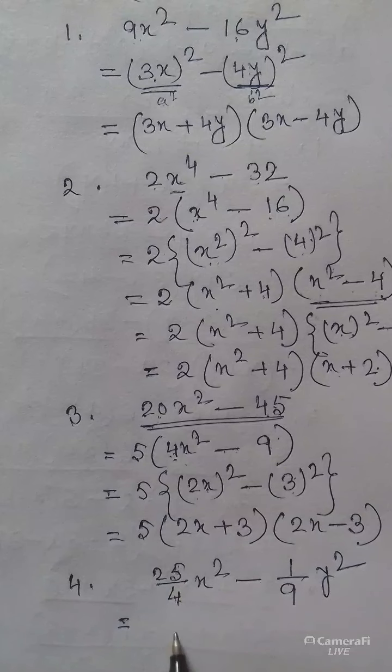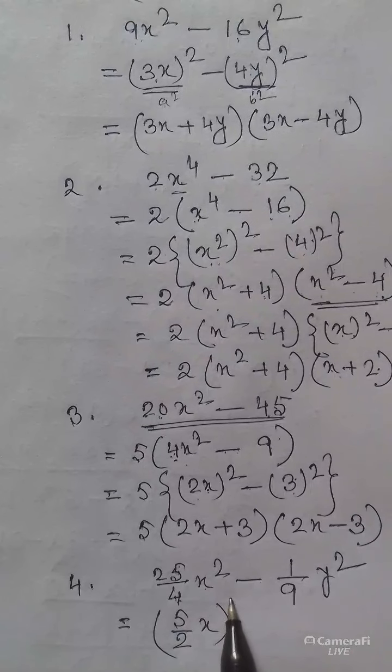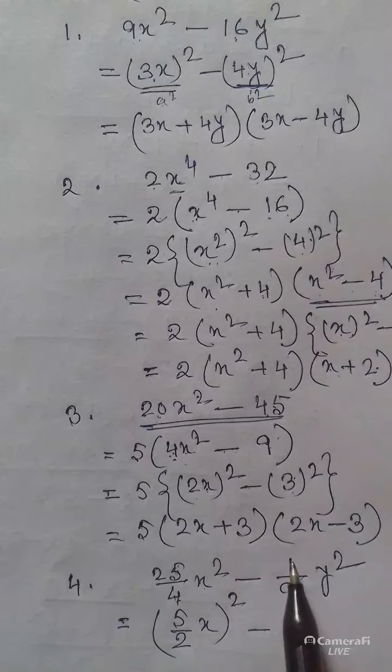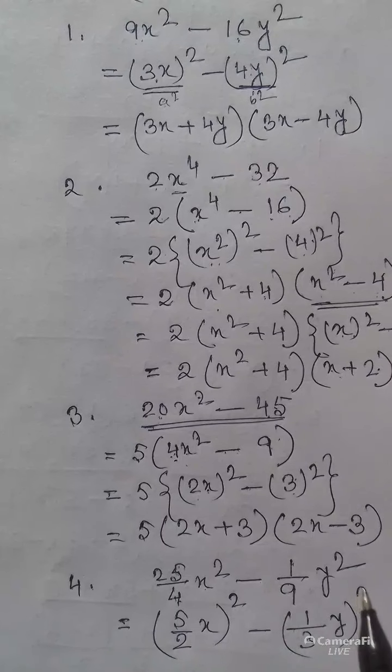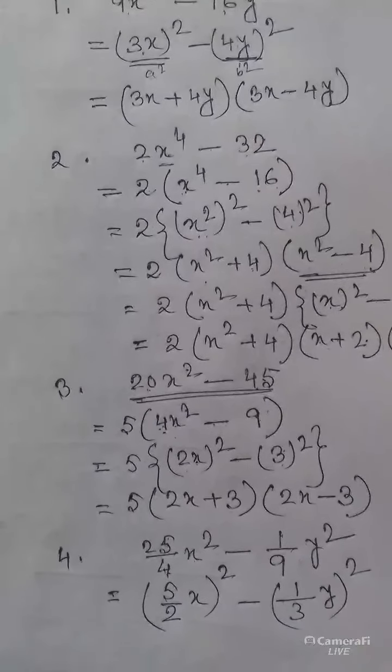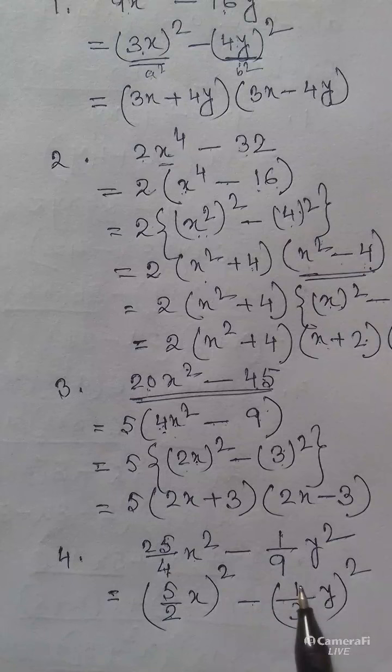So 25 by 4 x square we can write as 5 by 2 x whole square. And 1 by 9 y square, 1 is the square of 1 and 9 is 3 square, so 1 by 3 y whole square.